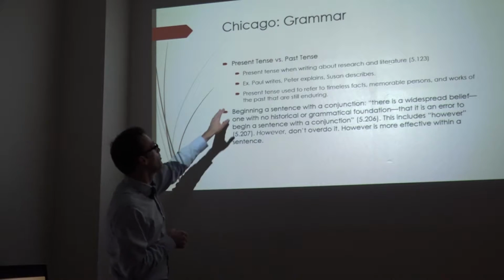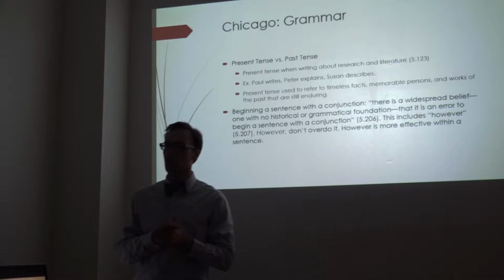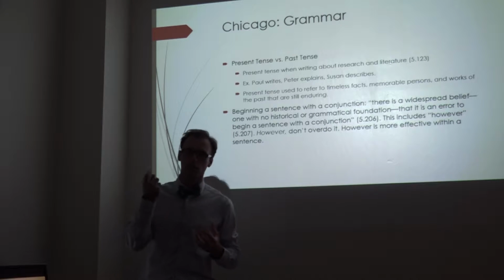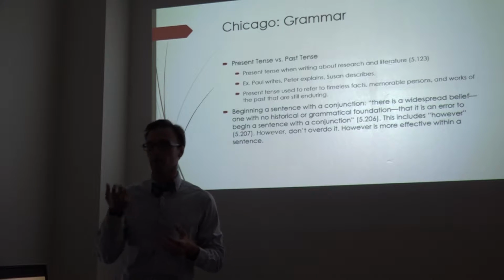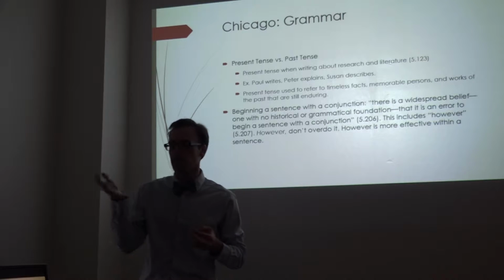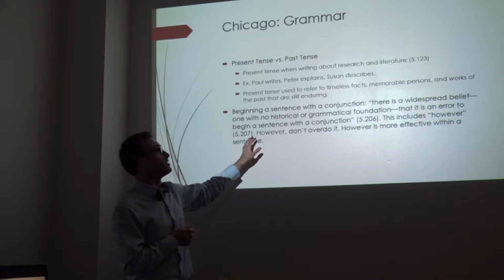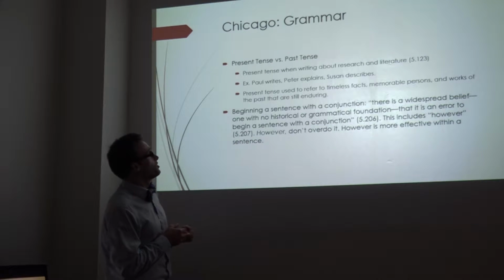For example, Paul writes, Peter explains, Susan describes. So when you're talking about things in your works, if I'm referring to a philosopher, a theologian, a historian, someone that says something about something, use the present tense. Present tense is used to refer to timeless facts, memorable persons, and works of the past that are still enduring.